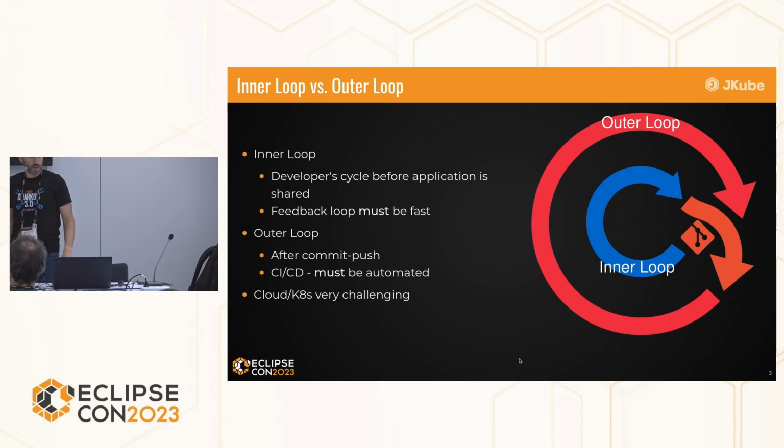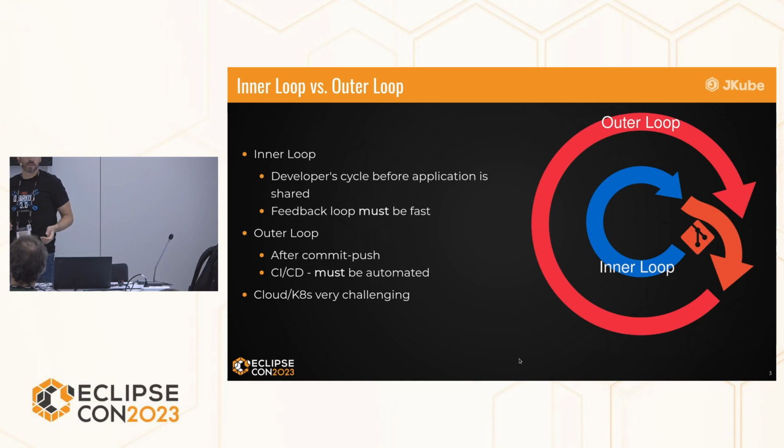OK, so let's start by clarifying the concept of inner and outer loop to better understand JKube's features. The inner loop is the cycle that the application developer follows from when he or she starts coding the application until those changes are shared with anyone.